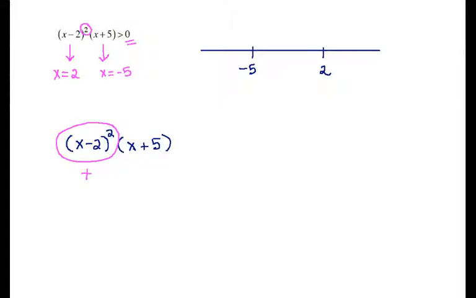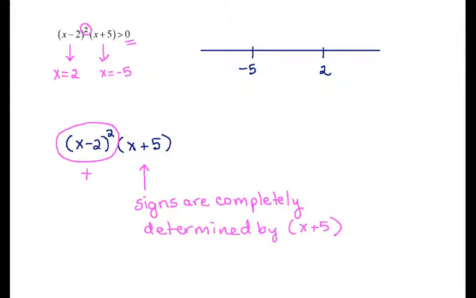This is always positive. The only place where it's 0 is at that boundary number x equals 2. So everywhere other than 2, at any value that I could possibly pull off this interval, that factor is going to be positive. That means it's not going to affect my sign pattern at all, and the x plus 5 completely determines the sign pattern. So that's going to make it go quicker when I fill in the signs here.